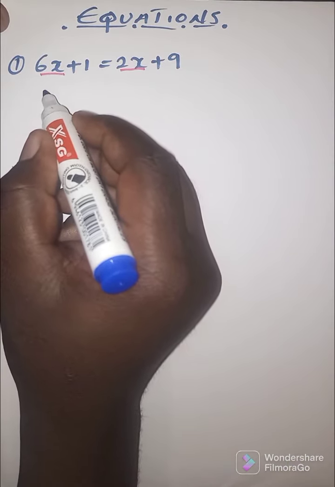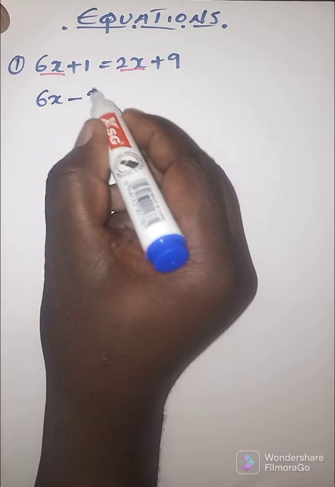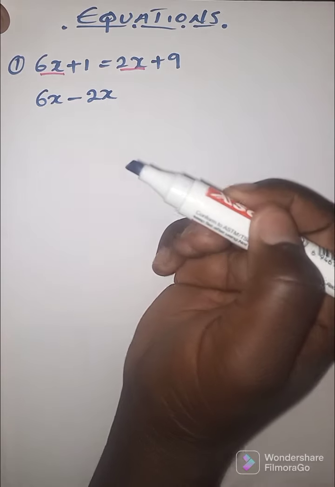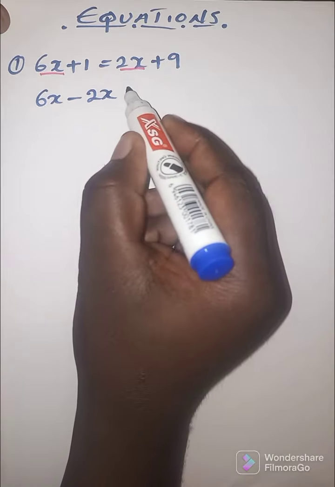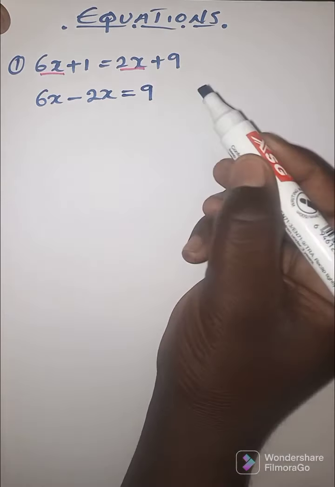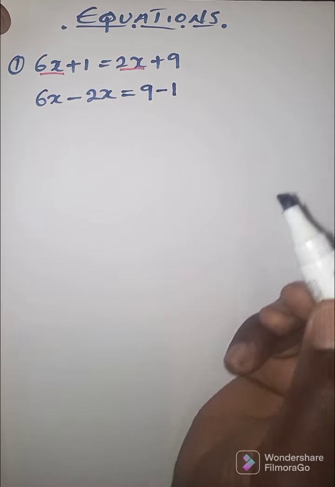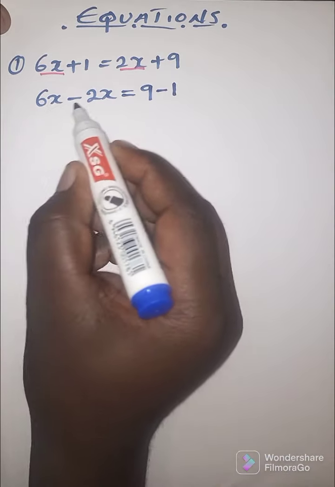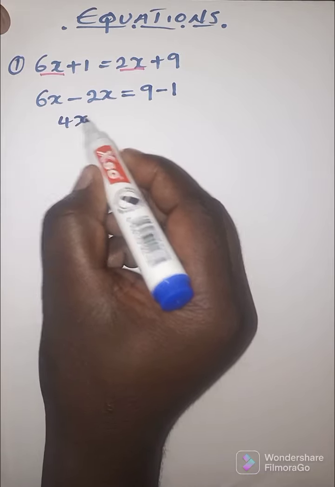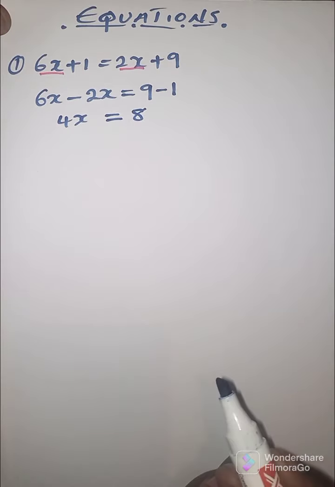So what we're going to do here is we're going to say 6x minus 2x. When we carry this 2x to the other side of the equal sign, it becomes negative, is equal to positive 9 because it has not moved, minus 1. So if we simplify this equation, you will realize that 6x minus 2x gives us a 4x is equal to 9 minus 1 gives us 8.